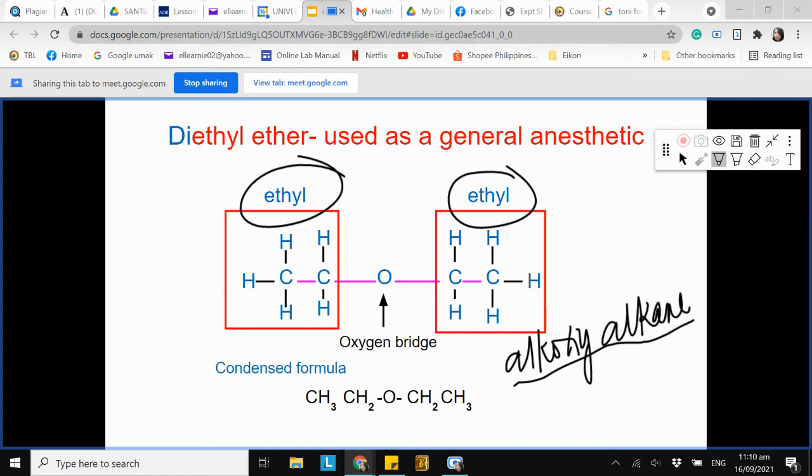Anyone who could try? So, you have ethyl, tapos yung isa ethyl. So isa ipasok nyo lang yon, i-substitute nyo lang. Naku, walang sumasagot na naman sa fourth year ko. The name of diethyl ether in IUPAC is ethoxyethane. So, yan po yung pangalan niya.